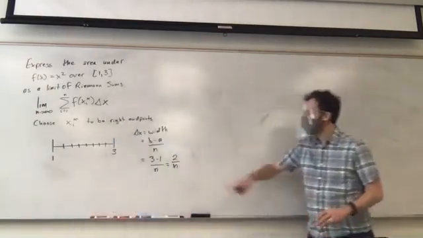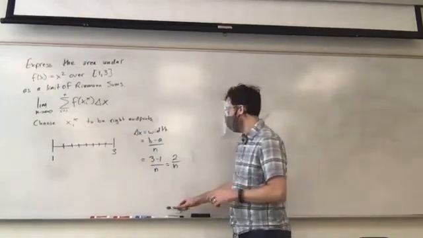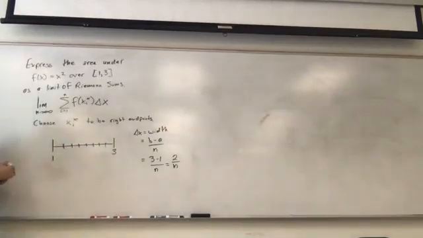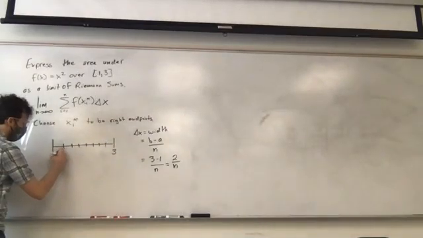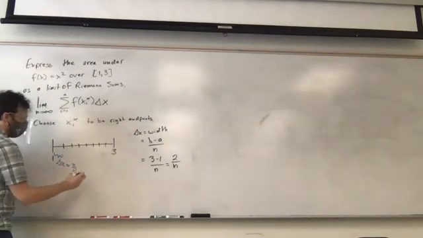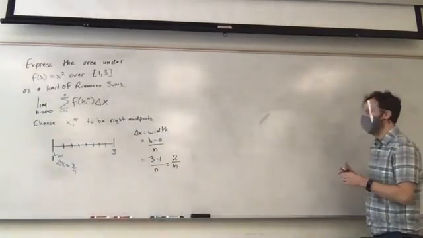The way that this gets used to try to find the right endpoints is that each of these intervals is delta x, which we found, or we can write, it is 2 over n, depending on the n.